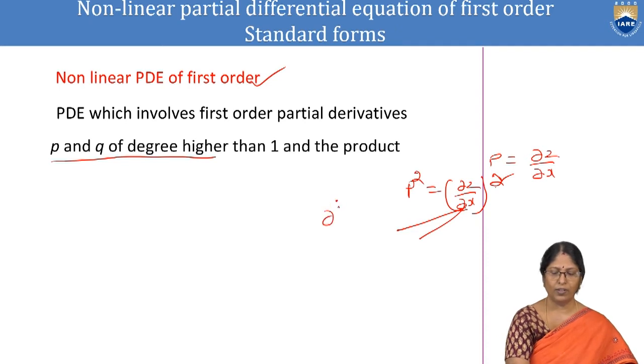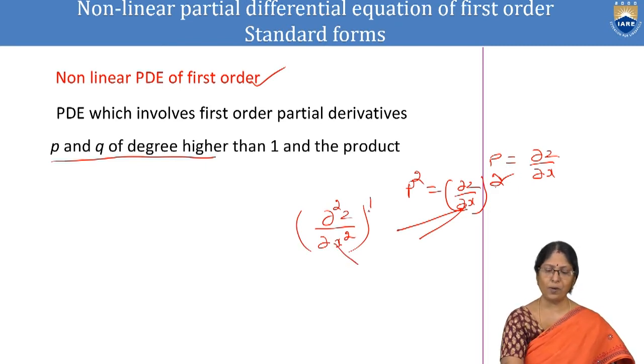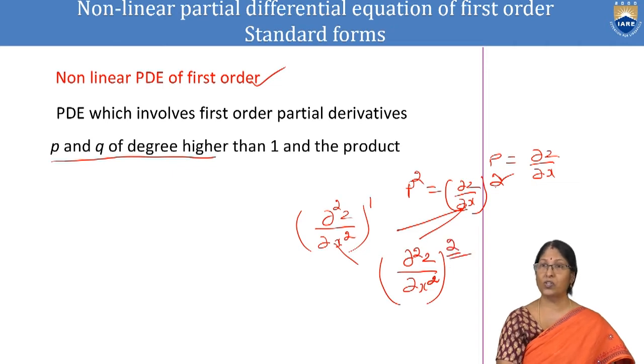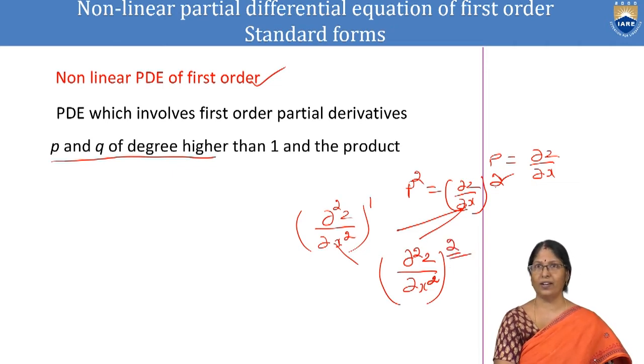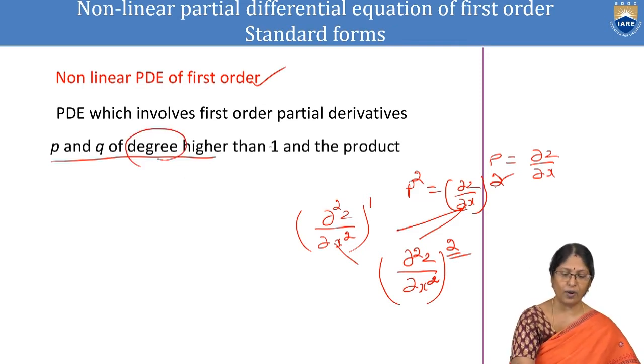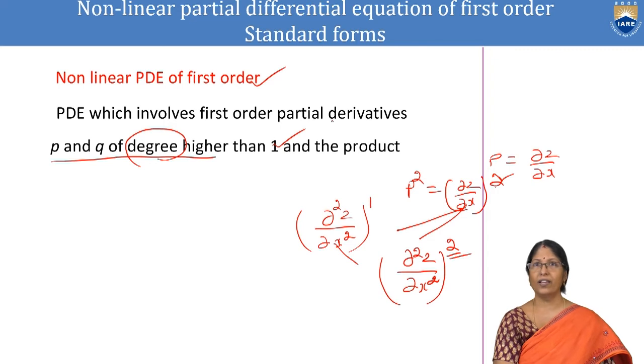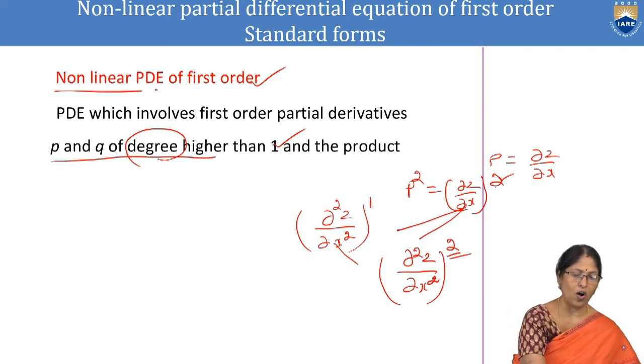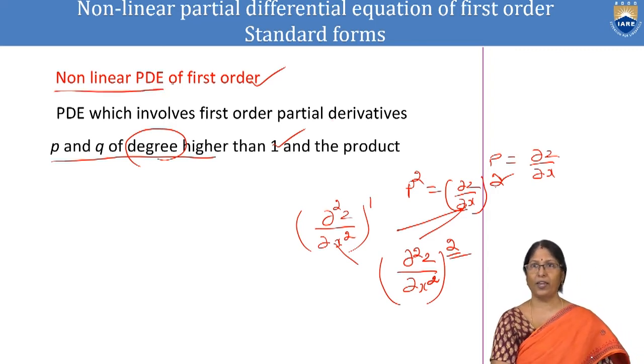Similarly, if the degree is 1 it is second order but linear; if it is second order with degree 2, it is non-linear. So we have to concentrate on the degree. Higher than 1 comes under non-linear PDE.